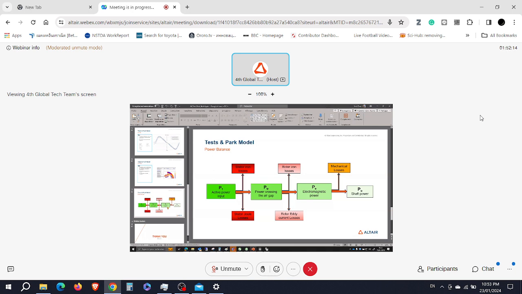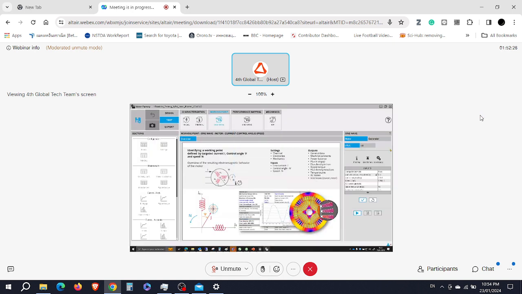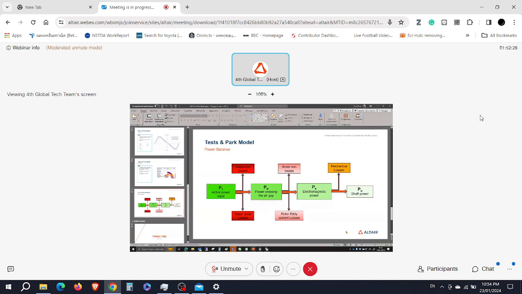Then we can compute the mechanical power or the shaft power if we have already indicated the mechanical power. If there is no mechanical power, the mechanical power computed will be equal to the electromagnetic power directly.